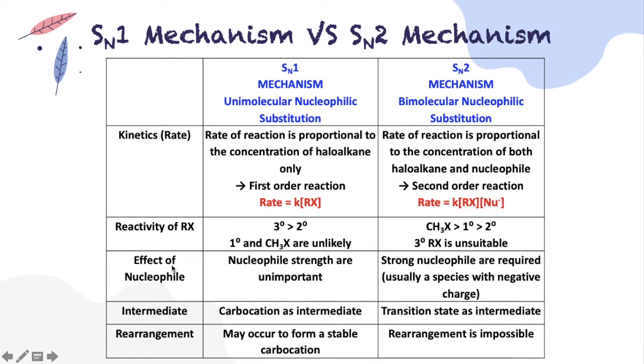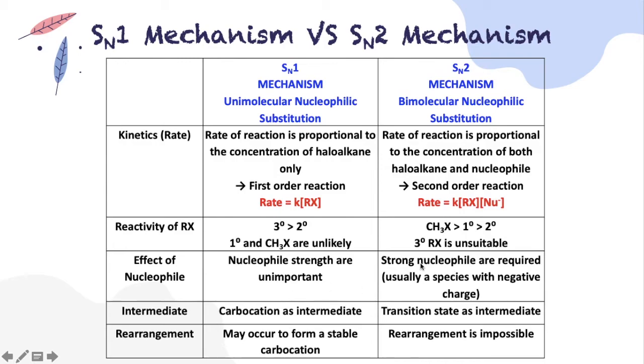Effect of nucleophile. Nucleophile strength is unimportant here, because if we refer to the rate, there is no concentration of nucleophile, so the nucleophile won't be taken into account in SN1 mechanism. So we just ignore the strength of nucleophile.